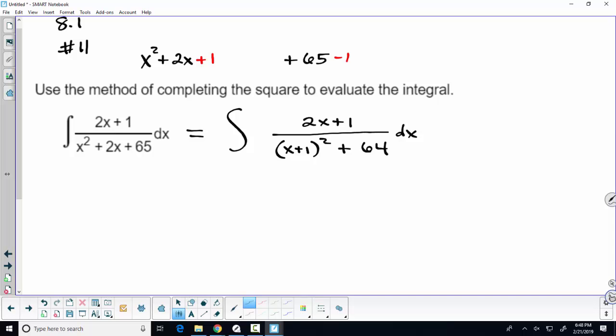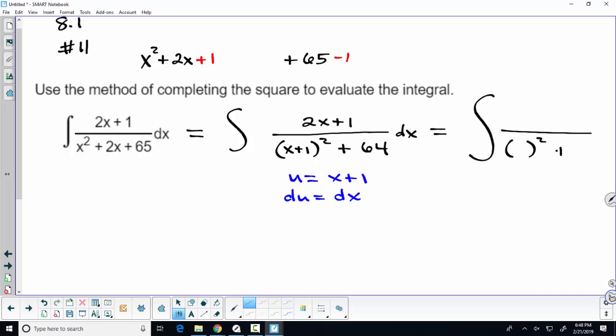So we can try to split this up where it's 2x over all of this plus 1 over all of this. Or we could just try to go for a u substitution. So if u is x plus 1, then du is dx. So let's see what we've got here accounted for. It's just this squared plus 4. There's our u.